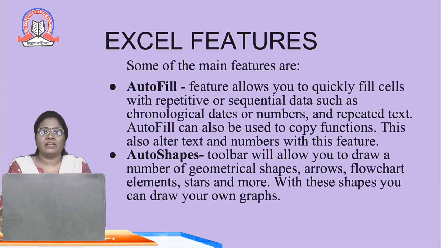We can drag 1, 2, 3 and so on, as many numbers as we want. If we want only odd numbers it is possible, even numbers are possible, 1, 5, 10 is possible. Everything can be done in autofill, and text and numbers can be autofilled. These are the features we can see in Excel.